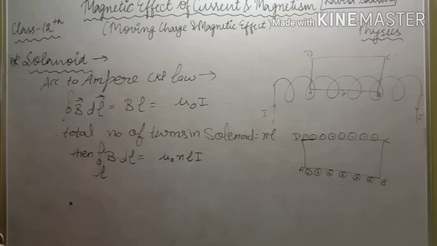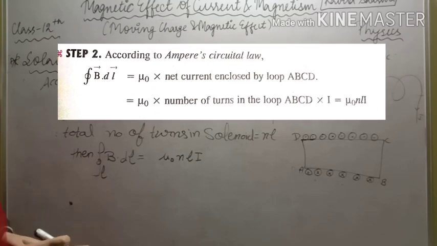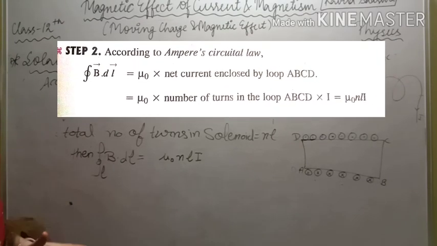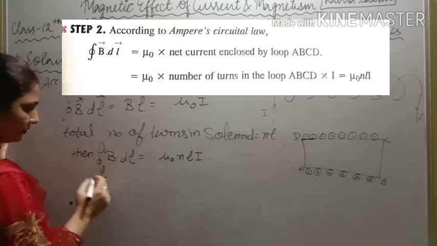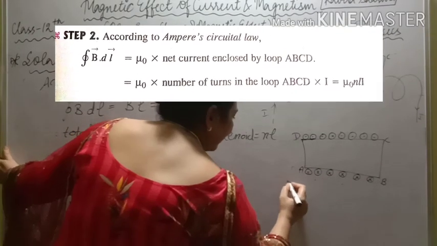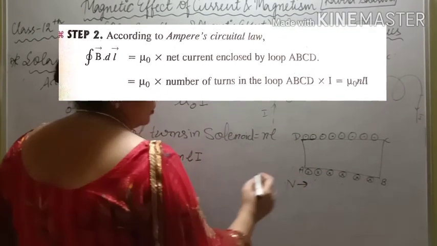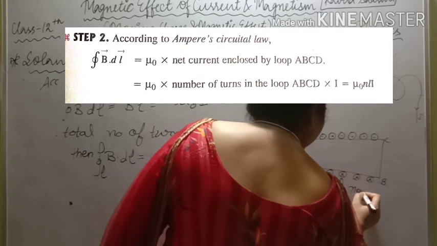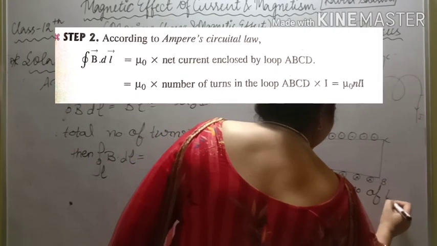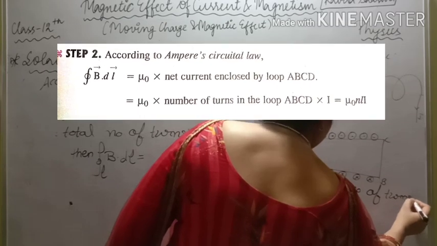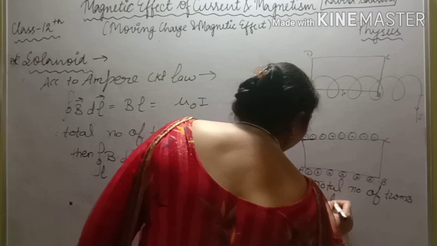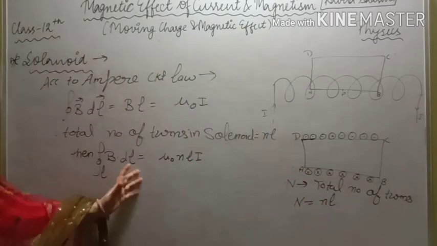I is the current flowing in the solenoid. Now if we consider capital N as the total number of turns, then we can write capital N equal to small n into L. Now we solve it.